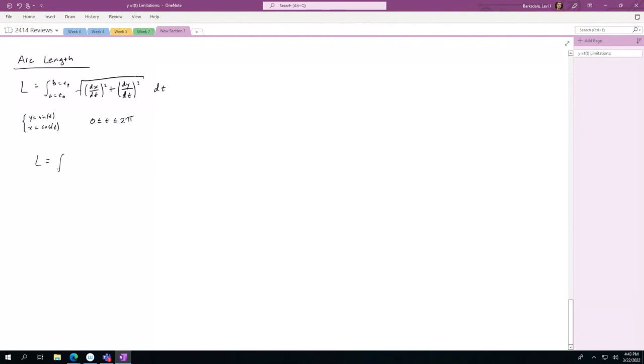So our arc length formula tells us we need to go from our starting t value of 0 to our ending t value of 2 pi, and then take the square root of dx/dt squared. Here we have dx/dt is equal to the derivative of cosine t, which is negative sine of t. So negative sine t squared is sine squared t. We also have dy/dt, which is equal to the derivative of sine t, which is cosine t.